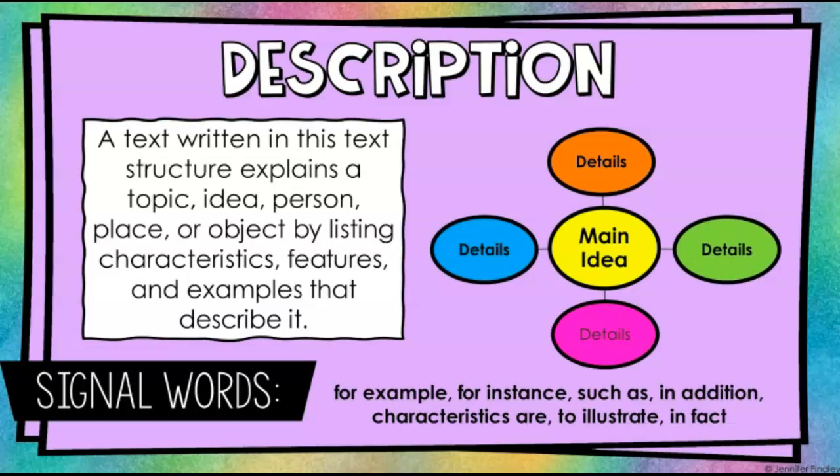And if you look at the bottom of this slide, you're going to see the signal words that are used when you have a piece of descriptive writing. So words like for example, for instance, such as, in addition, characteristics are, to illustrate, and in fact. Those are some signal words for the description text structure.